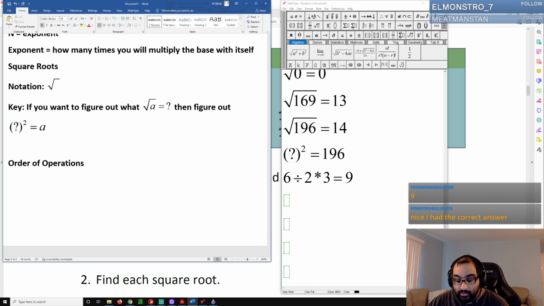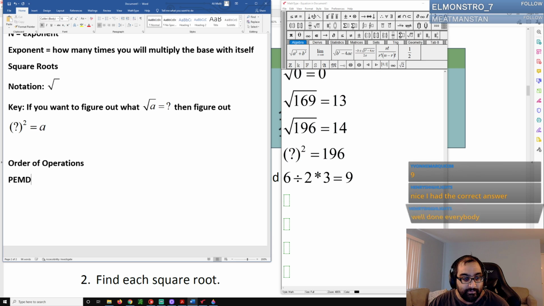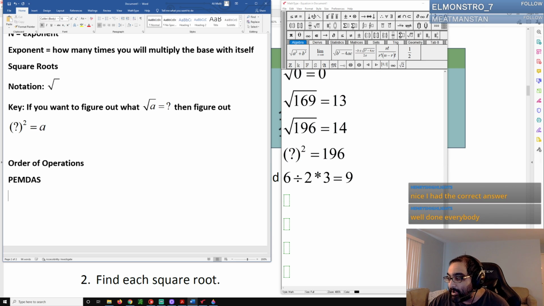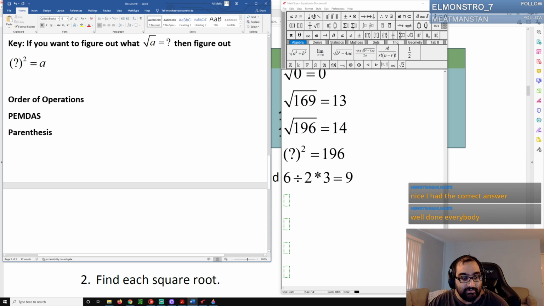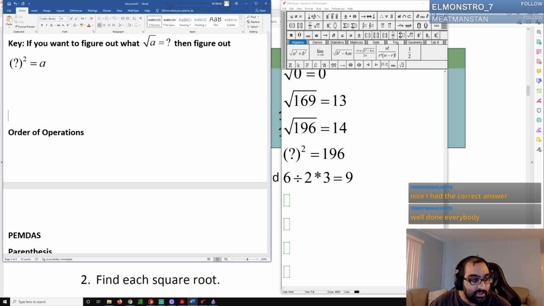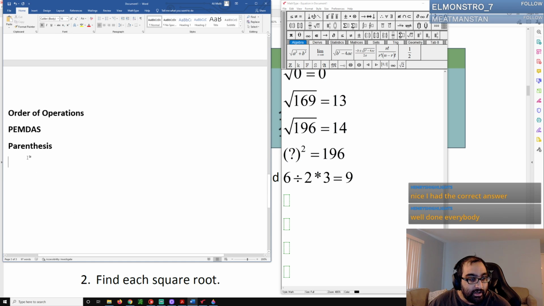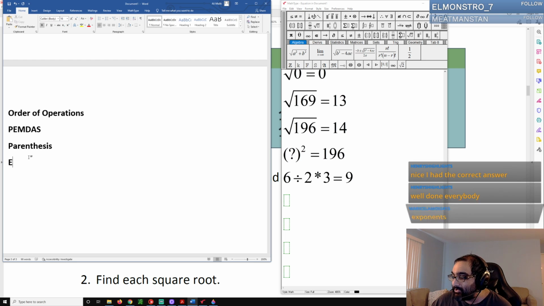Order of operations, as you know, is PEMDAS. P stands for parentheses. I'll put that on the next page here. What does E stand for? We just talked about it like 5 minutes ago.